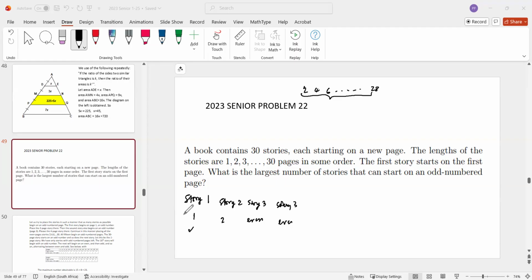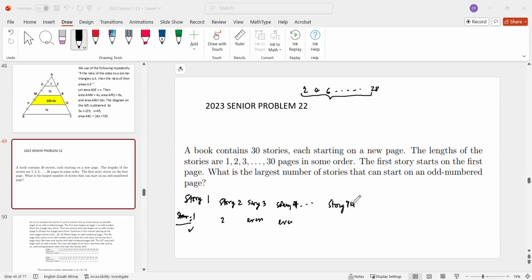Okay, this is the start. The story starts. The starting page will be at page 2. The starting page is even, and so on. And then they say the first story, yeah. Each starting on a new page, yeah. So we need to know that as well. So it goes to story 2, story 3, story 4, and you go up to story 14.